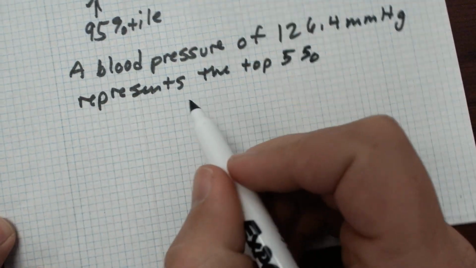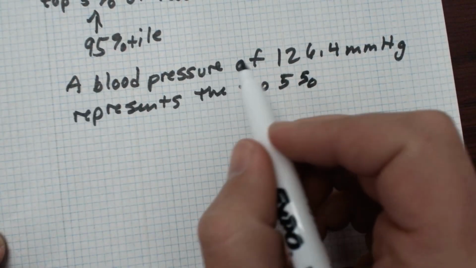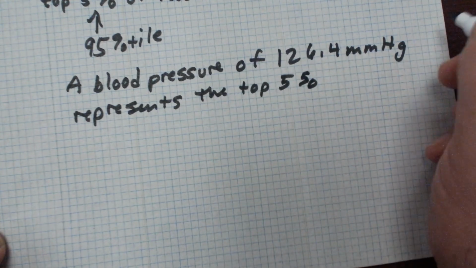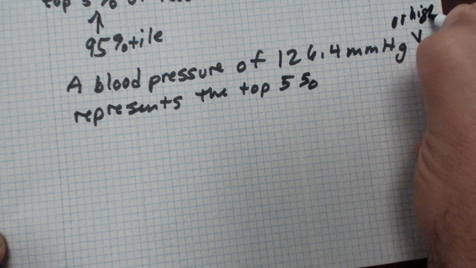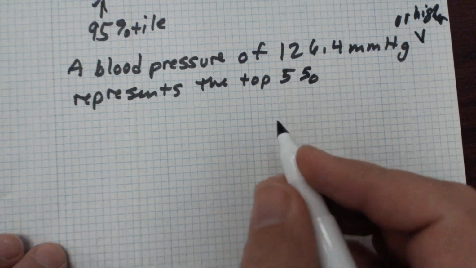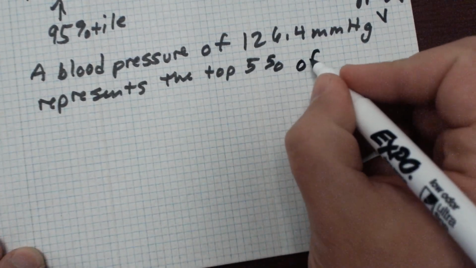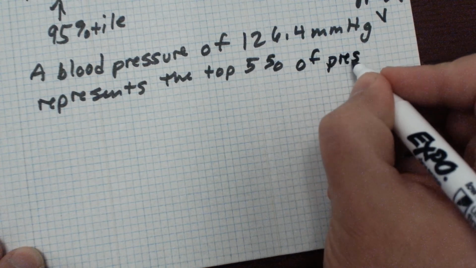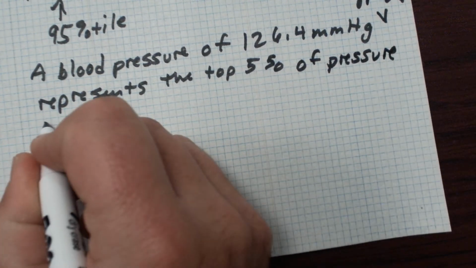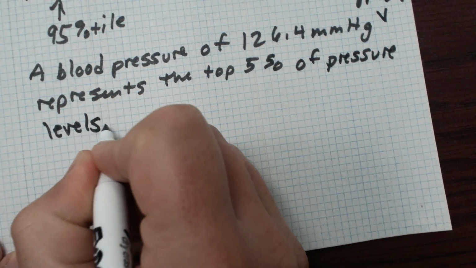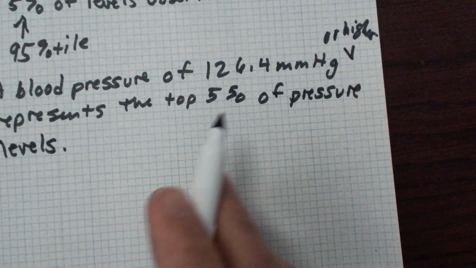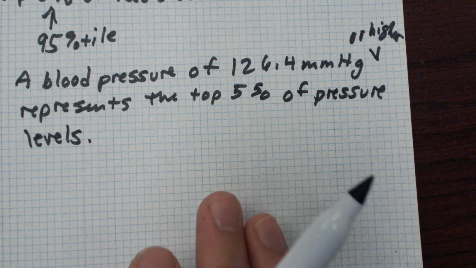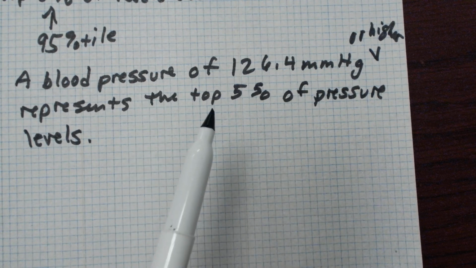Okay, and I guess I should say here too, a blood pressure of 126.4 or higher represents the top 5% of pressure levels. Okay, and I'm sure there's several, so you want to put that or higher there to represent the entire top 5%.